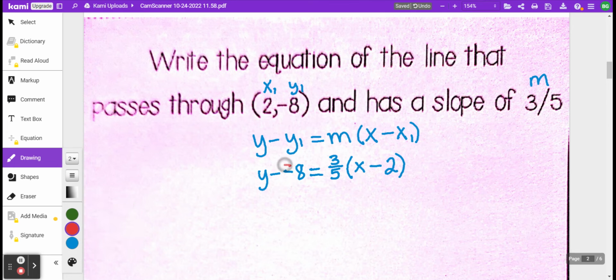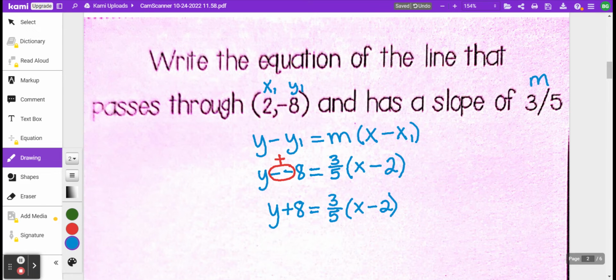We should notice that, yes, we do have this double negative, and if we remember correctly, we want to change that to a positive or an addition. So when I simplify it out, I'm saying y plus 8 equals 3/5 times x minus 2. And that is it.